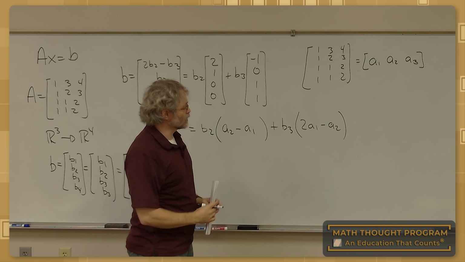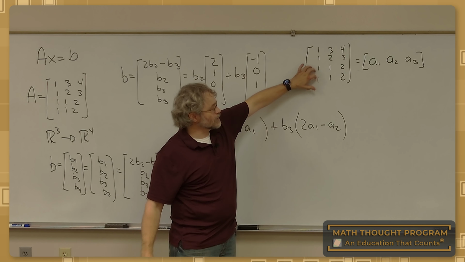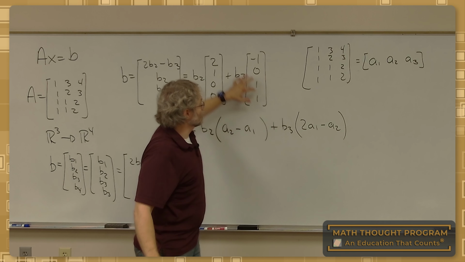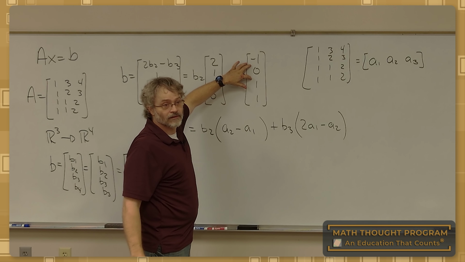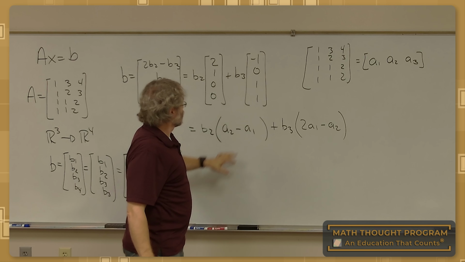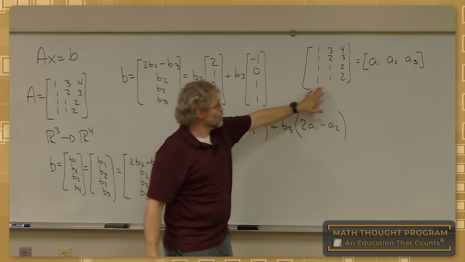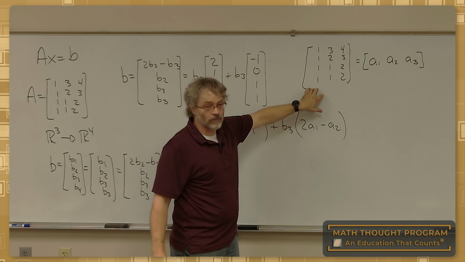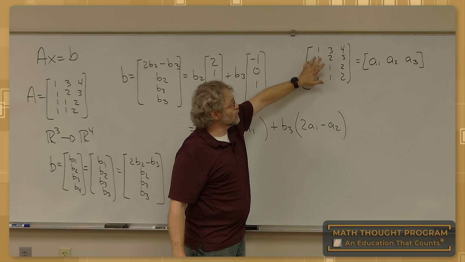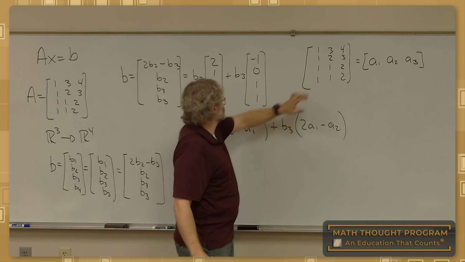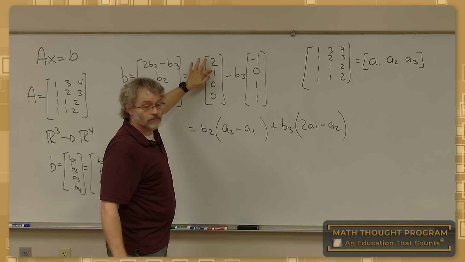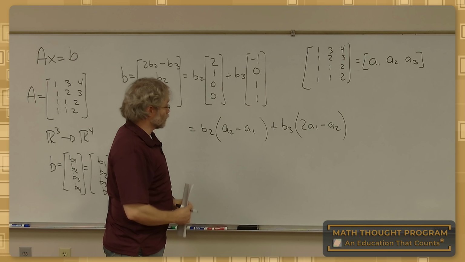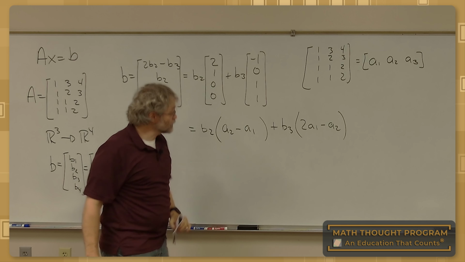Check it out. See if it works. Take 2 copies, extract off a copy. Do you get that vector? Yeah. If you take vector A2, extract off vector A1, you'll have 2, 1, and then 0, 0. Well, that's really, really interesting.